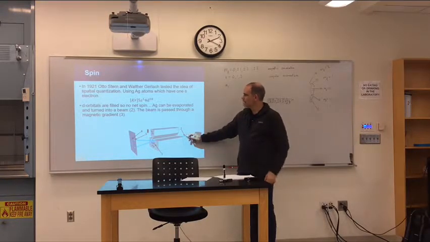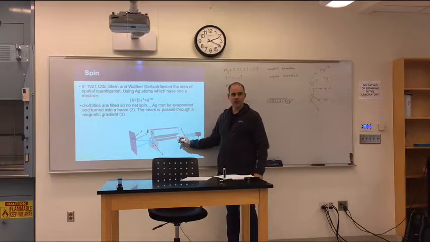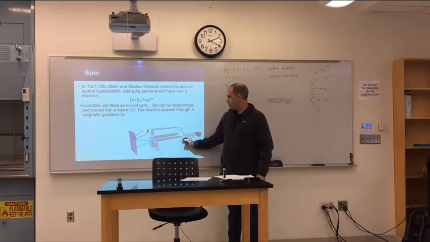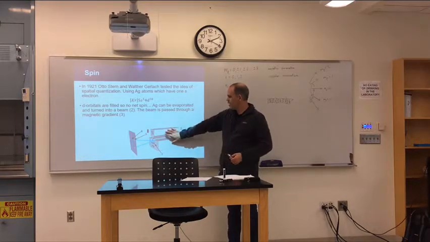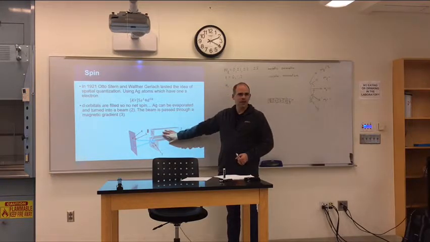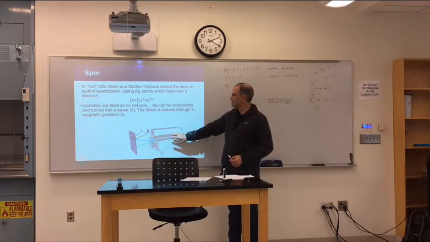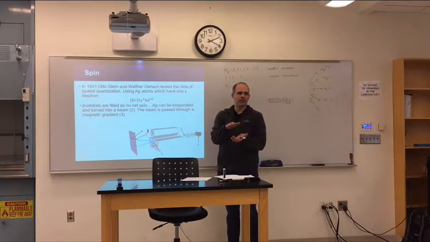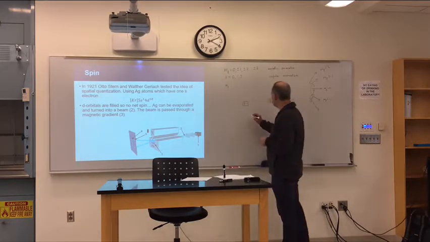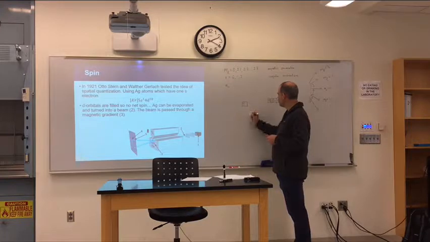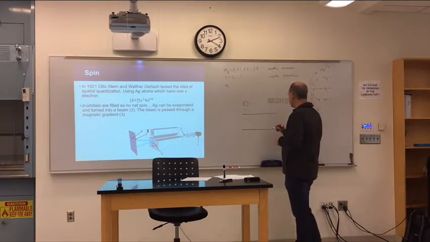At step two, that's your beam of silver. You run it through a magnet. The thing about this particular magnet is it's not uniform in nature. And the reason you don't want it to be uniform is, let's say you have your magnetic field here.